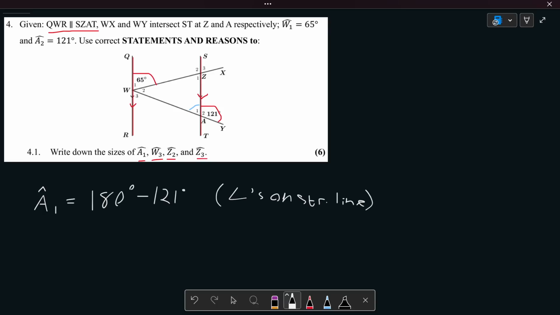And then we're going to solve for A1. So angle A1 is equal to 180 degrees minus 121 degrees, which gives us 59 degrees.